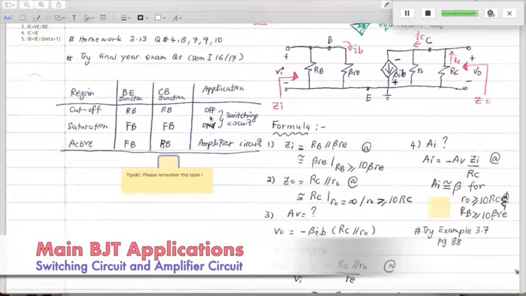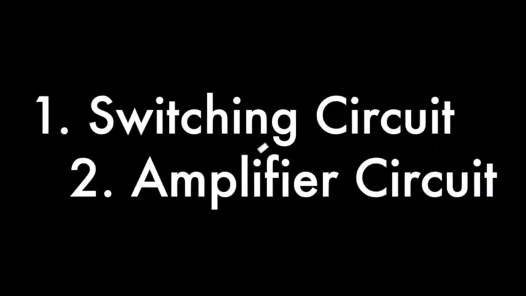So with the on and off modes, we can use the BJT as a switching circuit. However, in the active region, one must be in forward bias, which is the BE junction, whereas the other one, the CB junction, is in reverse bias. The application the BJT can do here is as an amplifier circuit.